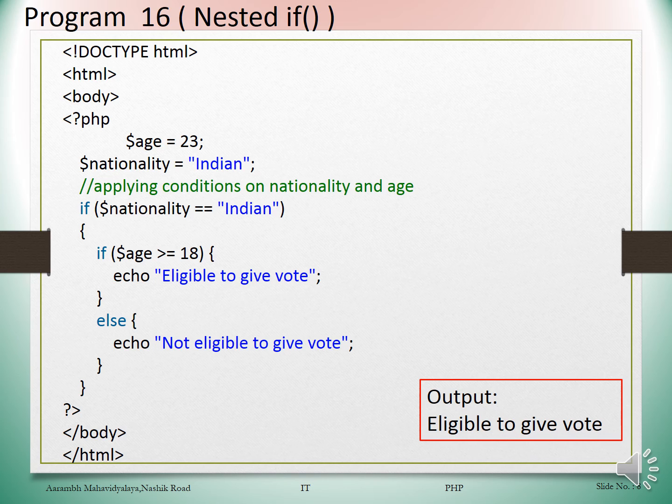Therefore at the primary stage we have checked the basic condition whether you are Indian or not. If you are Indian, then this condition will be checked. If you are not Indian, then our pointer will directly come out of this block and it will not display anything. Okay, got it? This is the use of nested if.